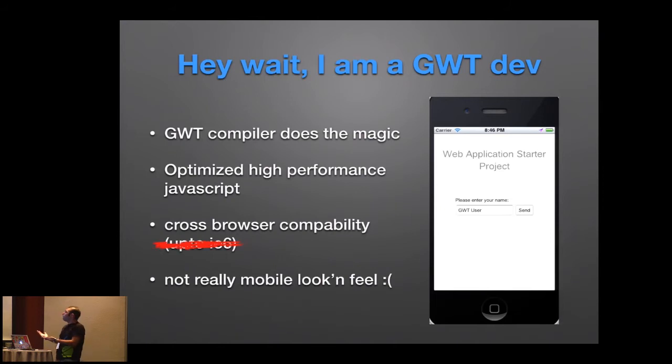The problem I had was that the look and feel was not really mobile. And I'm not really a designer or CSS guy, so skinning this web app for Android, iOS, and other platforms could be troublesome for me.